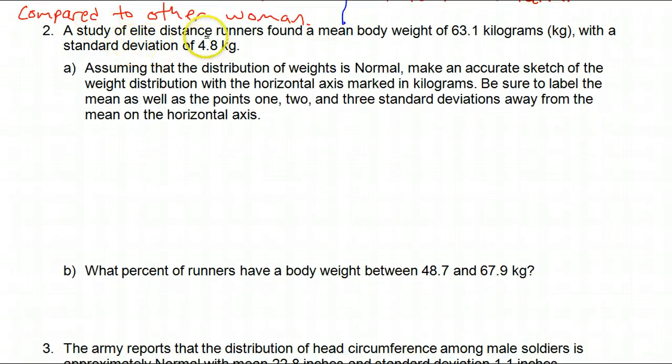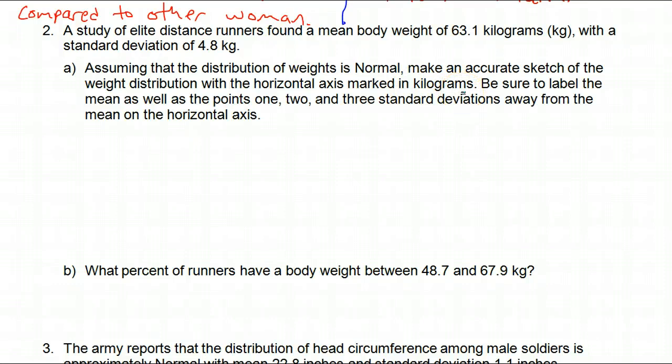A study of elite distance runners found a mean body weight of 63.1 kilograms with a standard deviation of 4.8. Assuming that the distribution of weights is normal, make an accurate sketch of the weight distribution with the horizontal axis marked in kilograms.